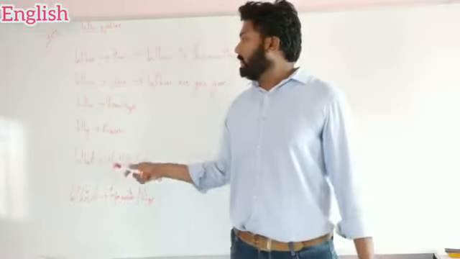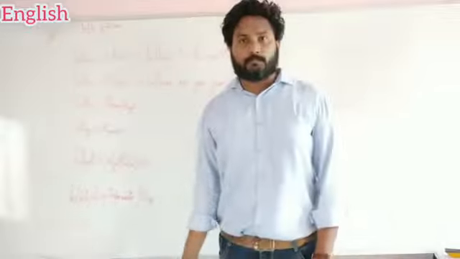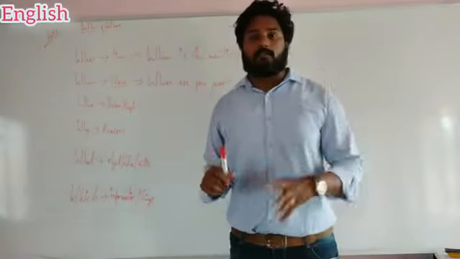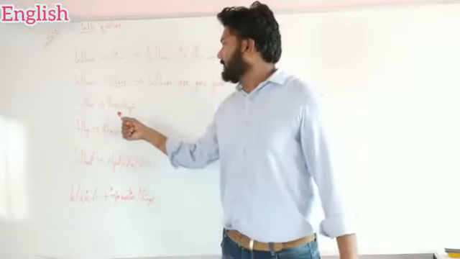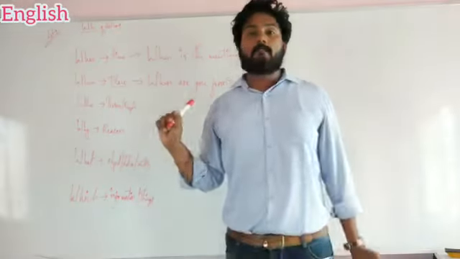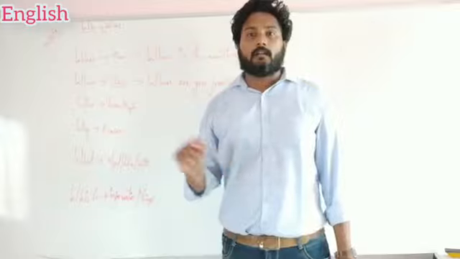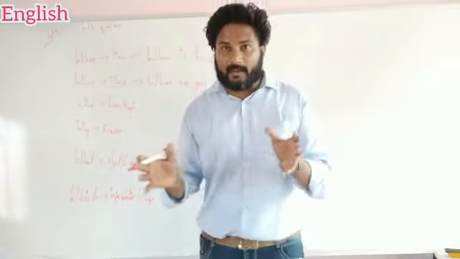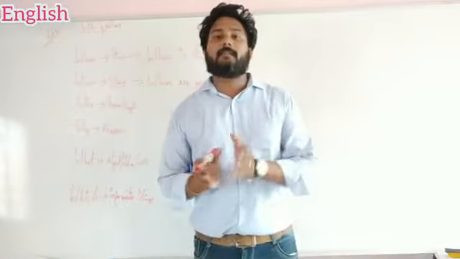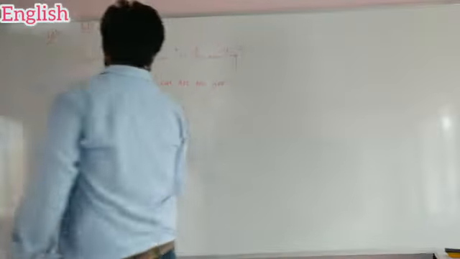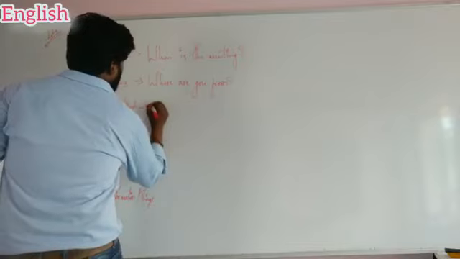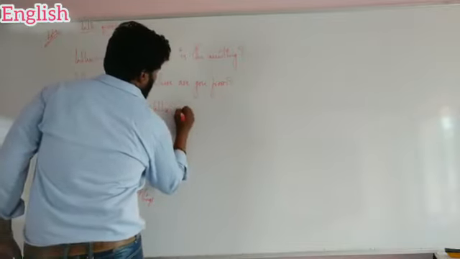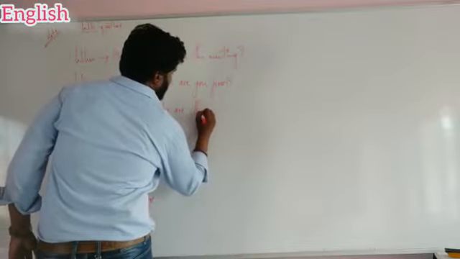And the next WH question is who. When we use the WH question who, it signifies a person or people. Okay? It asks the question about a person or people, either a mob or an individual. See, who? Who are they?